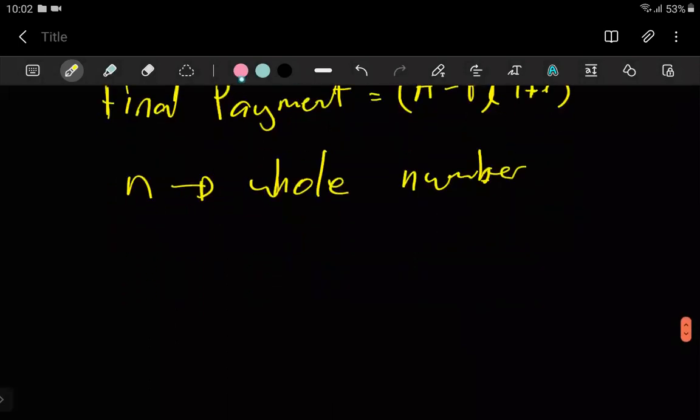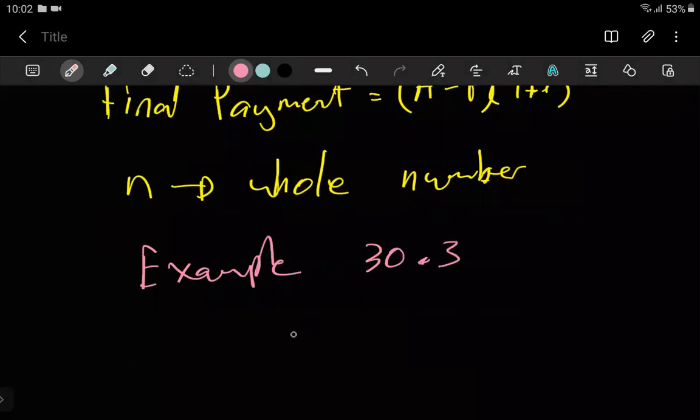And let's say your answer comes out as 30.3. This is telling you that it's going to take a complete 30 months, but then in the 31st month, that's when the loan is going to be paid off. Remember, your calculator won't necessarily give you a whole number for those kinds of questions. So in this situation, if your n, when working out how long it takes to pay off the loan, is like 30.3, your n in your calculation will be 30.